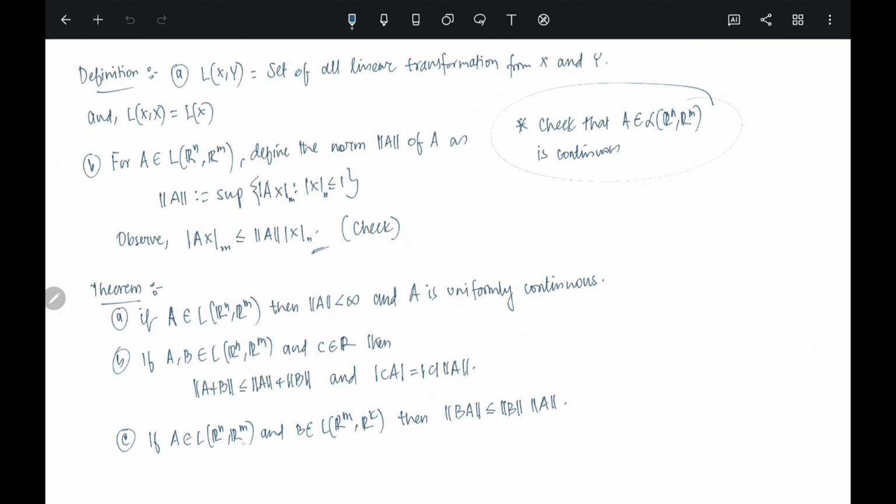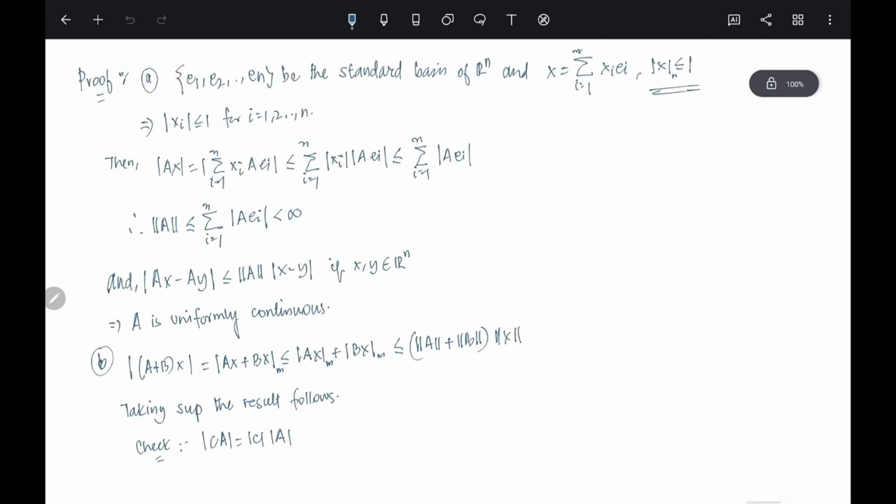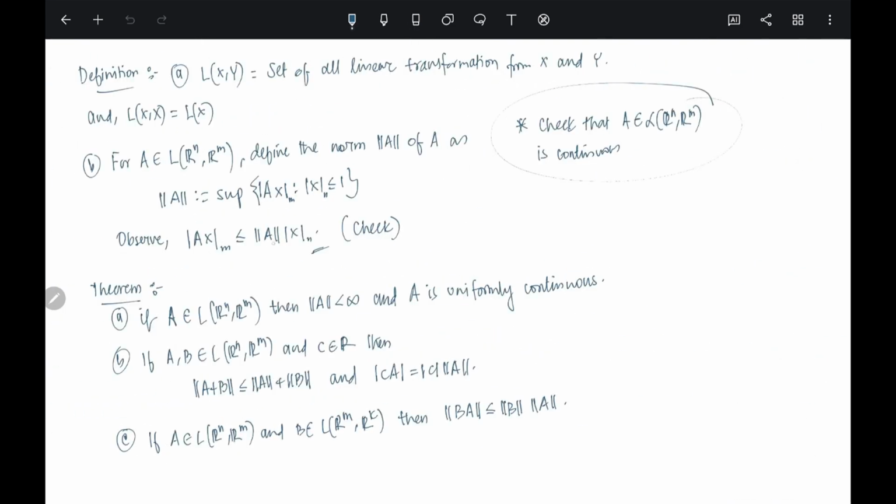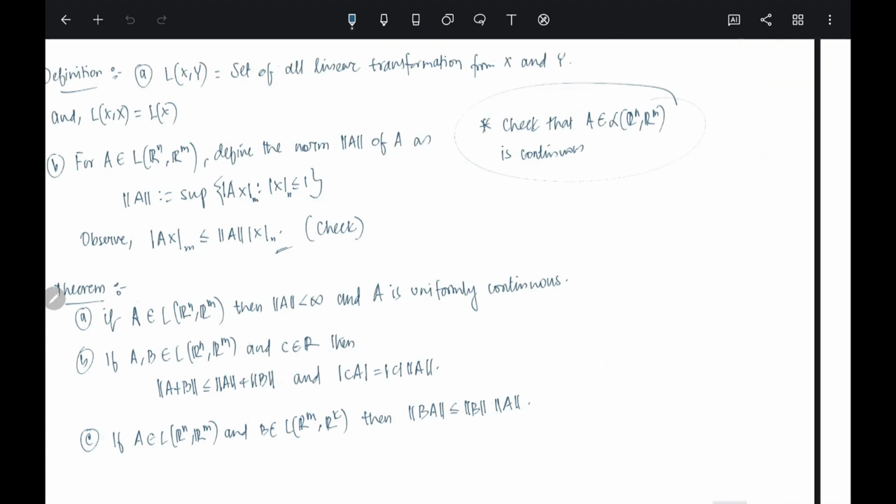Ax is an element of Rm, and B acting on it gives an element of Rk, so this is the norm in Rk. Now we can use the inequality again: the norm of Ax is dominated by the norm of A times the norm of x.